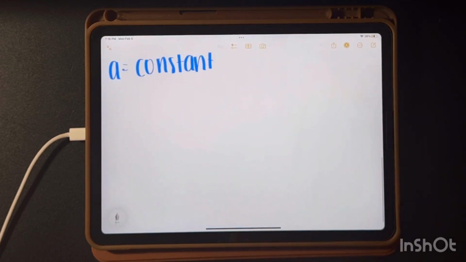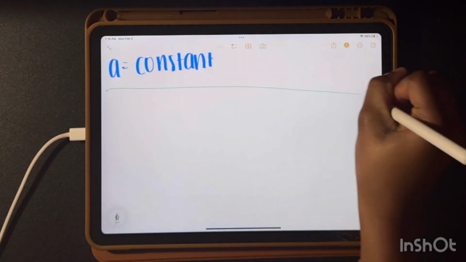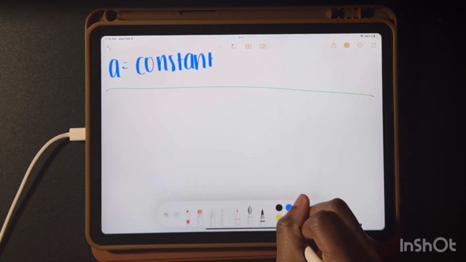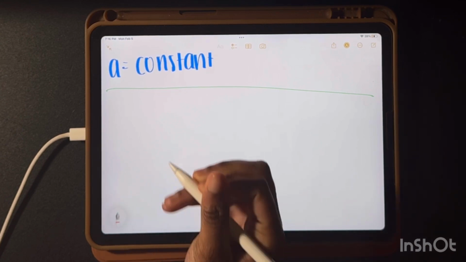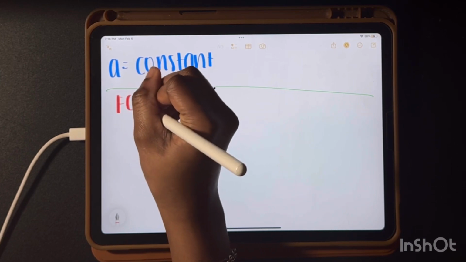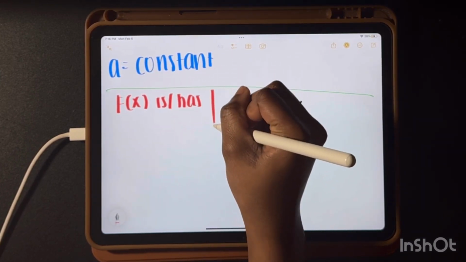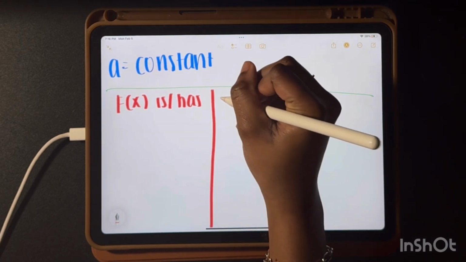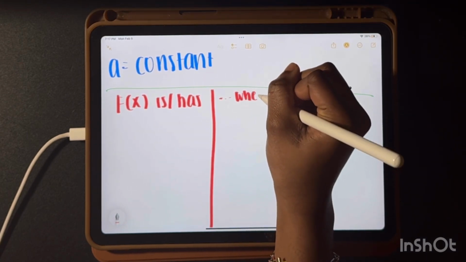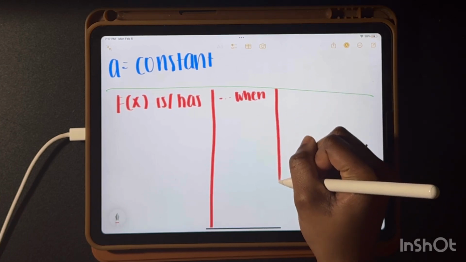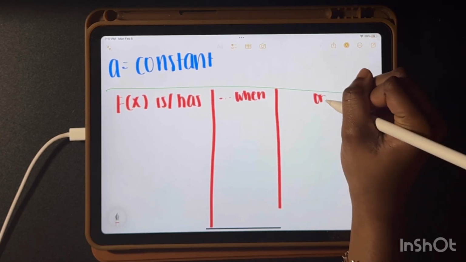Now, we're going to use a big chart to organize ourselves to know what to use with the behaviors of accumulation functions. So let's start. I have my column, F of x is / has, when, and then or.